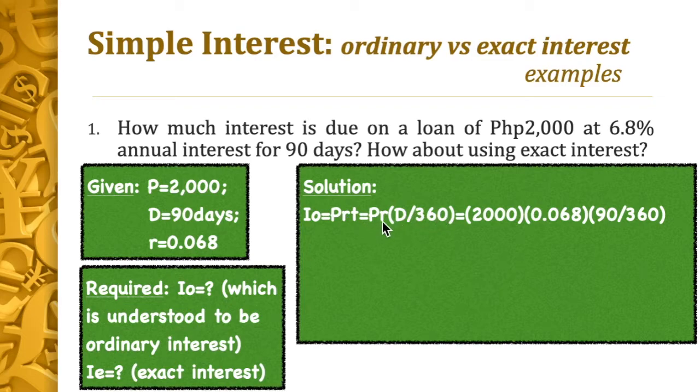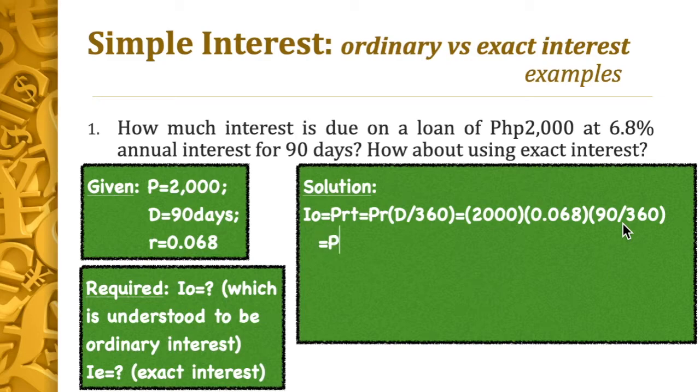So we have P times R times D over 360. Substitute 2000 for P, 0.068 for R, and 90 for D, and 360 is given as a constant if you're using ordinary interest. So let's use our calculator: 2000 times 0.068 times 90 over 360.